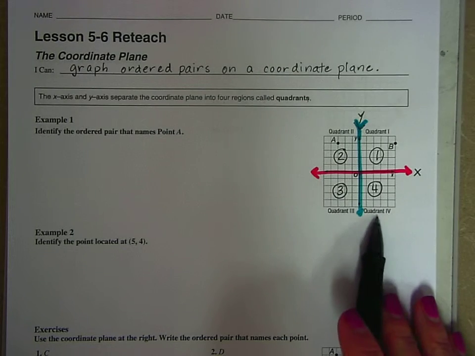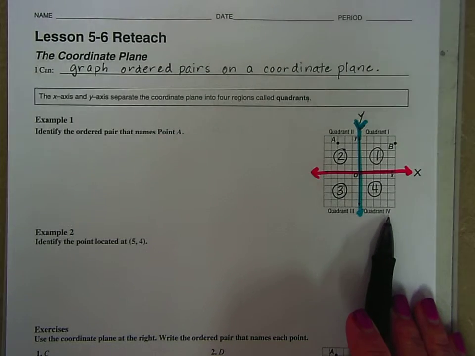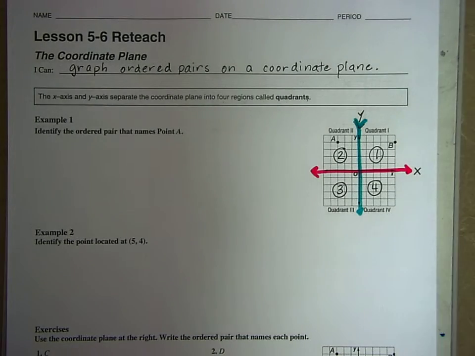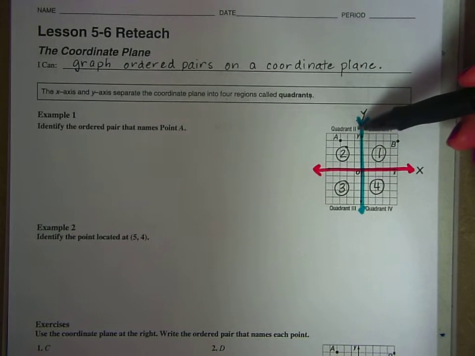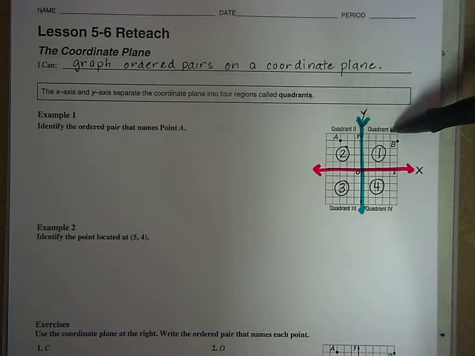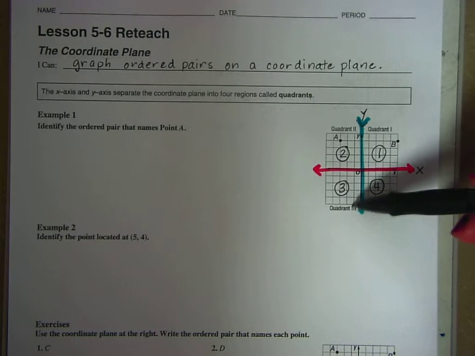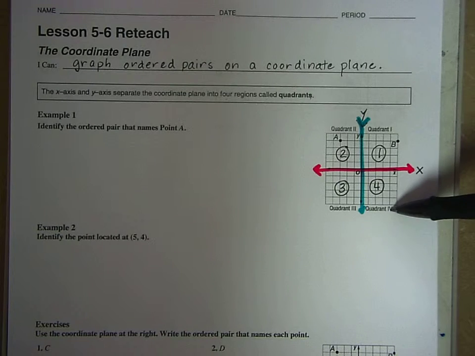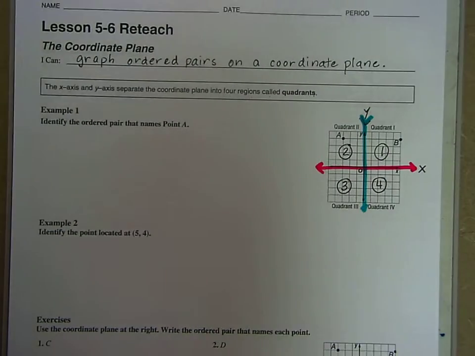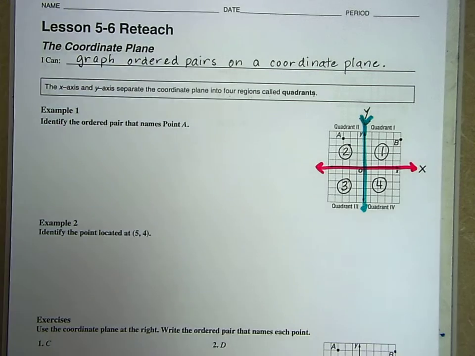They have it labeled down here. I want you to notice that they use Roman numerals though when they talk about quadrants. So quadrant 1 of course is just the one little dash, quadrant 2 is the 2 dashes, quadrant 3 is the 3 dashes, Roman numerals, and then quadrant 4 is the IV. Okay, really important to know that.